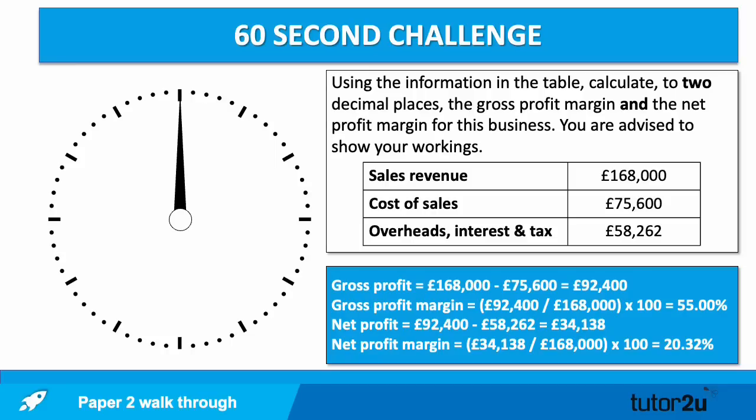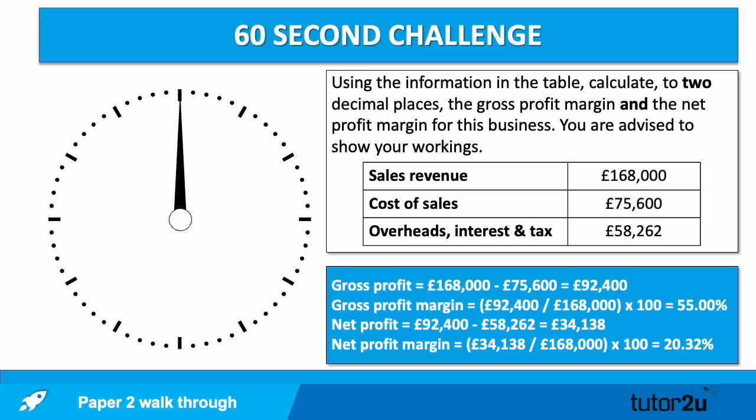You then divide that figure into the sales revenue, because the formula for gross profit margin is gross profit divided by sales revenue times 100, and then multiply that figure, as I mentioned, by 100 to give us a gross profit margin of 55%. Now in the question, it asked us to complete that calculation to 2 decimal places, which is why I have completed that calculation to 55.00%. So watch out for that.